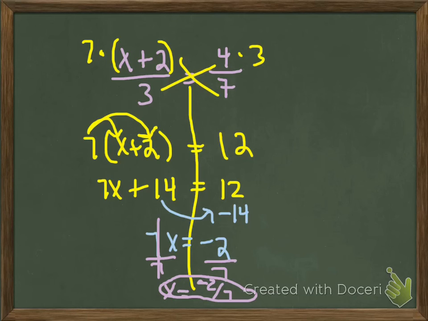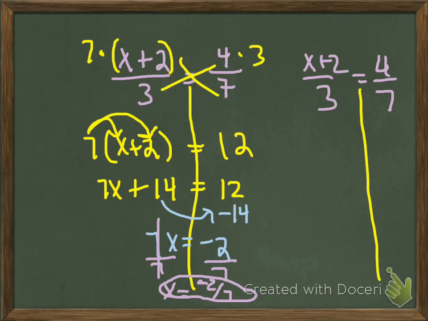You didn't have to cross multiply on this one. You could have done what we were doing in the other examples. You could have done this. I'm going to rewrite it up here. x plus 2 over 3 equals 4/7. Line down the middle. Why not just times both sides by 3 so that these cancel and get x plus 2 equals 3 times 4, that's 12/7.